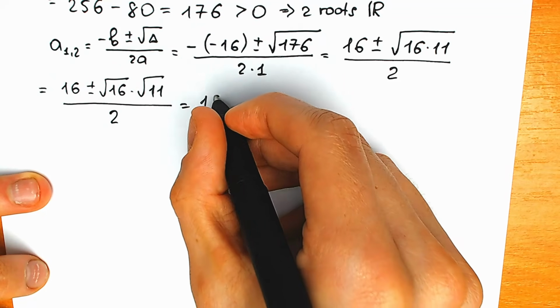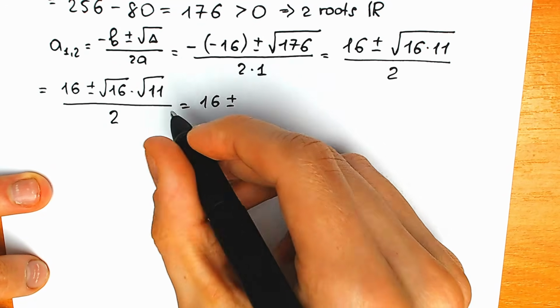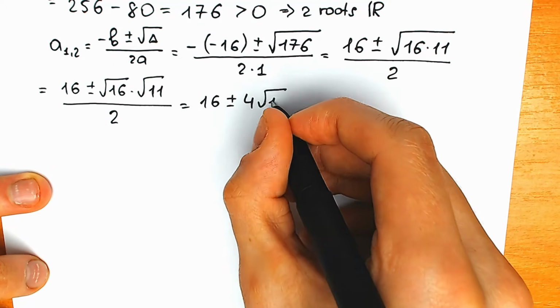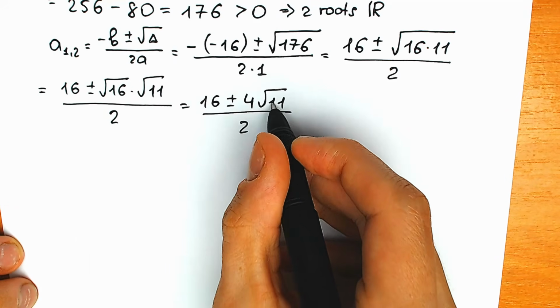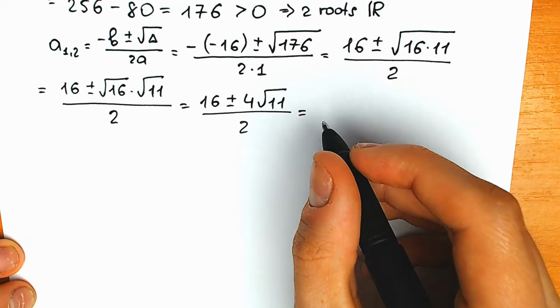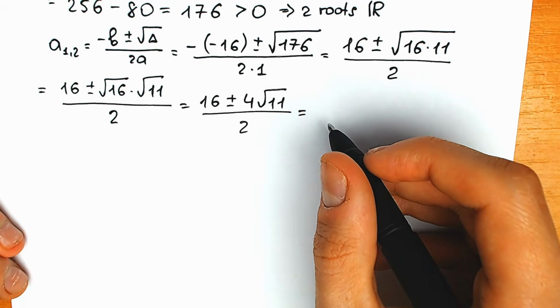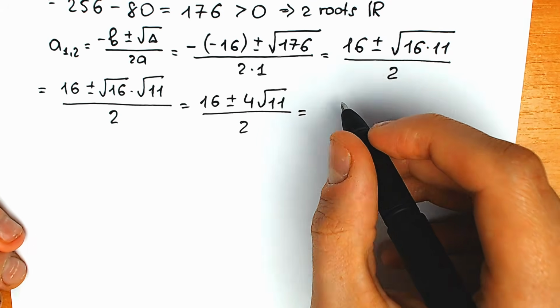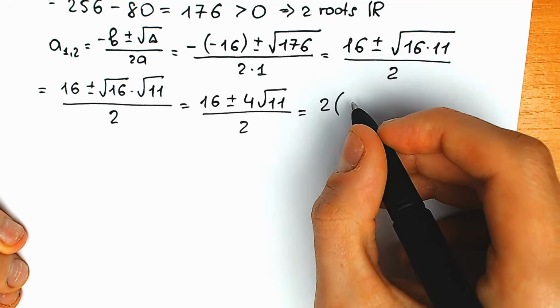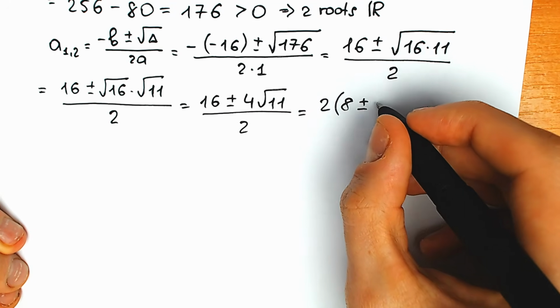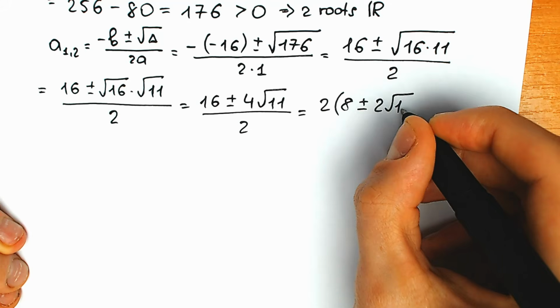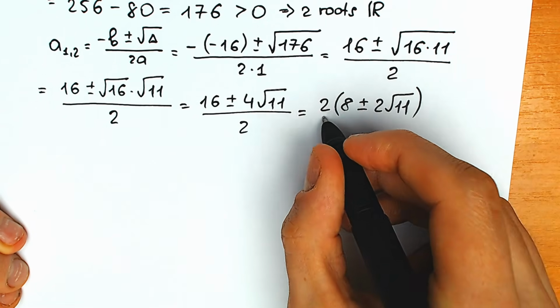So we have 16 plus minus 4 square root of 11 over 2. And our final step, let's factor out 2 from our numerator. So 2 in parentheses, we have 8 plus minus 2 square root of 11, and all over 2.